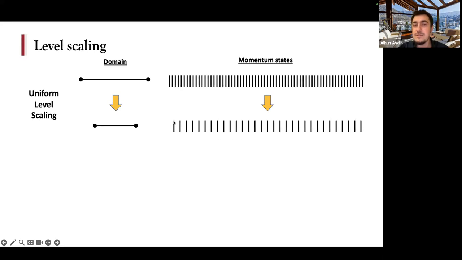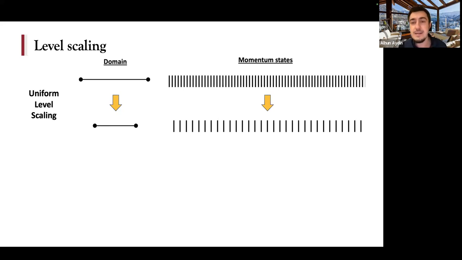Let's consider the left one here, the starting one, the ground state, for example. The scaling is uniform, as you see. And it turns out that except for some really mode-dependent manipulations in your system, which you can't do in equilibrium cases, of course, this is almost always the case. You always have uniform level scaling.